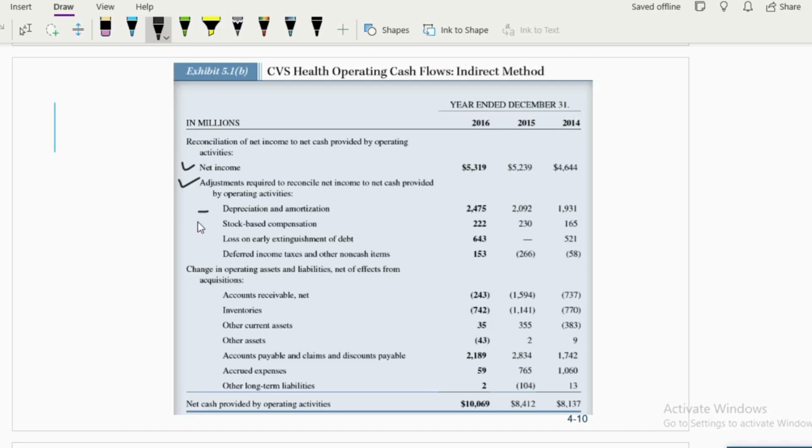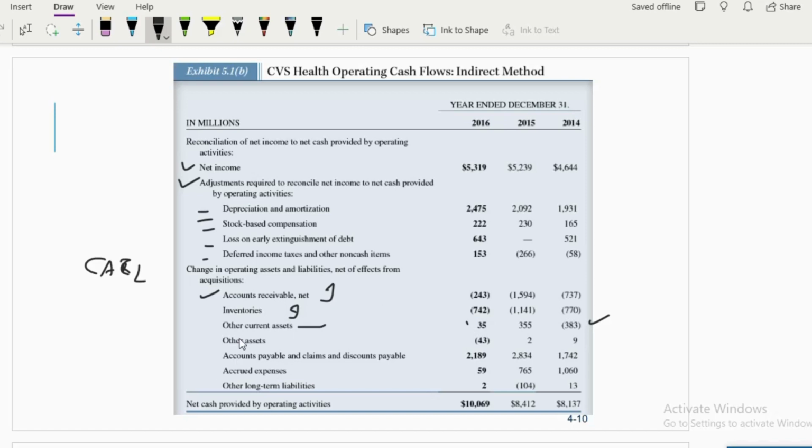They then check the operating assets and operating liabilities, meaning current assets and current liabilities. You can see accounts receivable, they are subtracting it, so it means that there was an increase in accounts receivable. Inventory increased because they purchased, so that's why it's subtracted. Then other current assets, if they are increasing we will be subtracting them, like here, but if they are decreasing we'll be adding them.